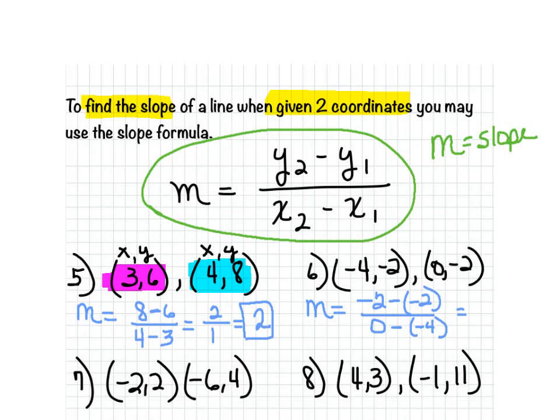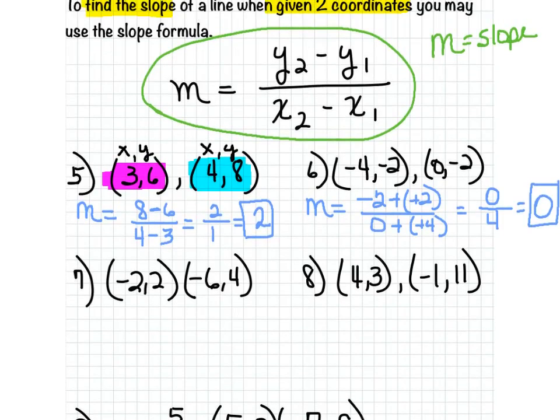We are subtracting these integers, so we'll always add the opposite. Negative 2 plus positive 2 is 0. And 0 plus positive 4 is 4. So the slope of this line is 0. What we know is that that's a horizontal line.